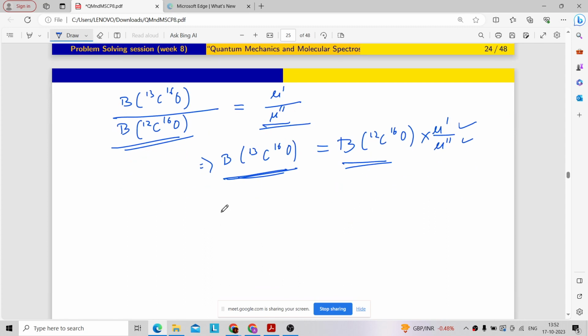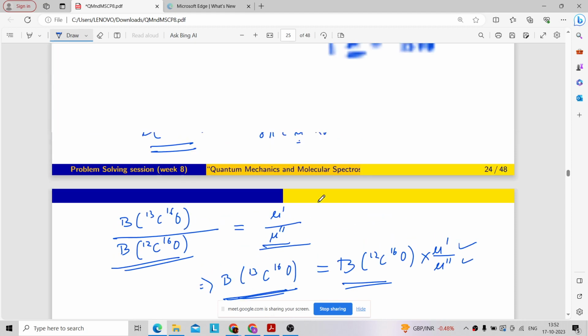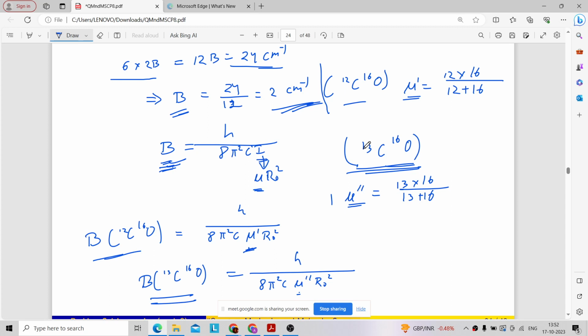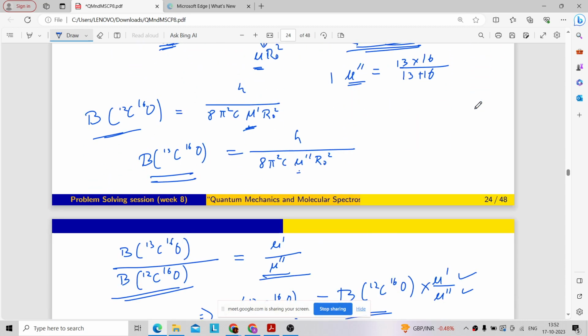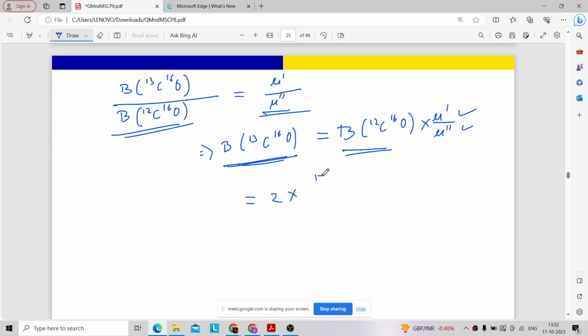Okay, if I substitute all these values, what will we have? 2 times mu prime is 12 times 16 divided by 12 plus 16, which is 28, so 12 times 16 by 28, divided by 13 times 16 divided by 29, right?